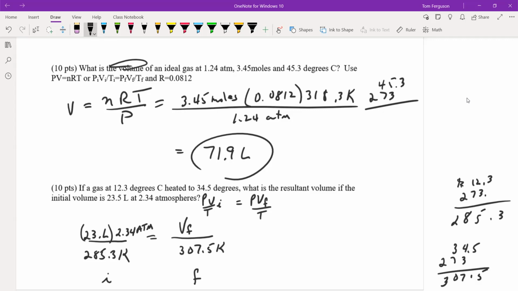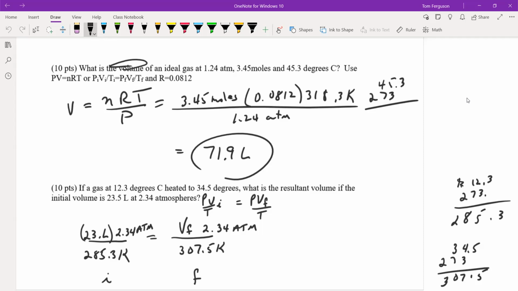If the final pressure is not given, we assume the pressure doesn't change. Let me just solve for the final volume, V.